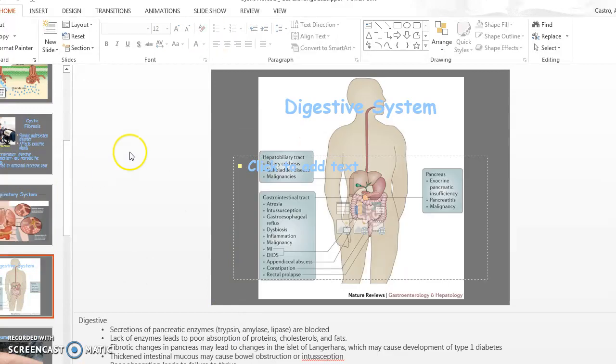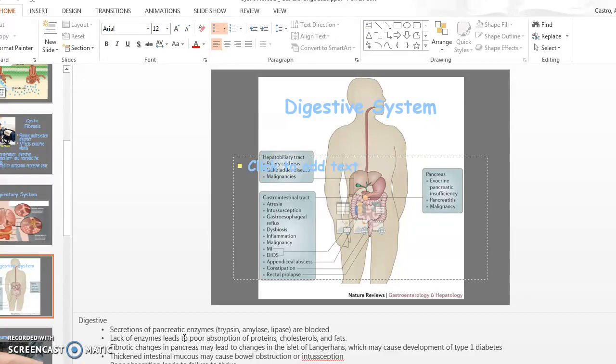Digestive system, how does this affect this? Sorry, it says click to add text, but if you look at it in the one view, it shouldn't have that. So remember that our pancreas, when we talked about pancreatitis, secretes all these enzymes. Well, remember that this disease is affecting the secretory glands. So the secretion of all these pancreatic enzymes is not going to happen very well.